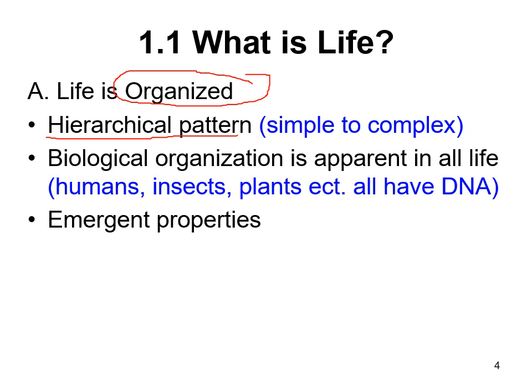And oftentimes when you start with a building block and you continue to build and grow upon that, we start to see that not only do you have that hierarchical pattern, but you'll also have emergent properties. And emergent properties basically means that the sum is greater than the individual parts. So by being organized, the entity will get a greater benefit out of the process versus just staying at a simplistic level. Let me give you an example.